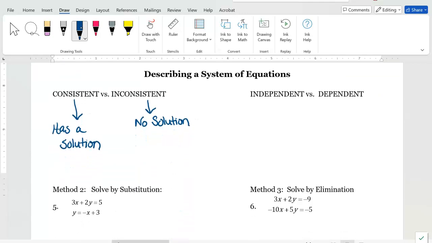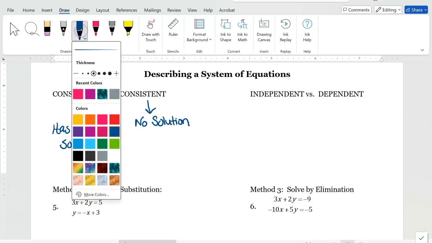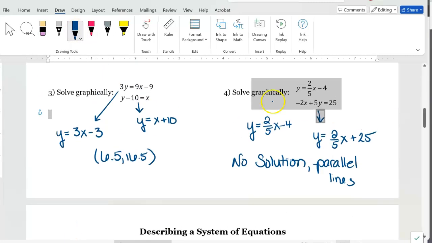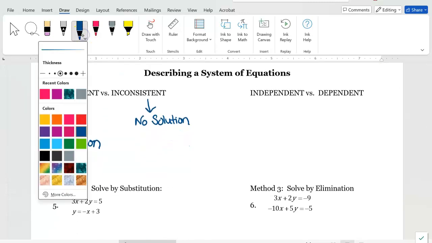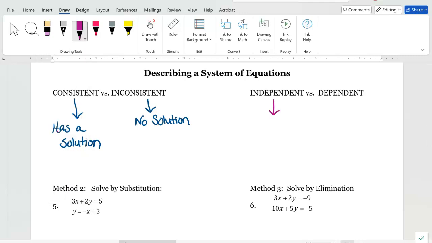There's another way to describe them. Once you realize that a system does have a solution, then we are going to define them by being either independent or dependent. So independent is when there is one solution, one intersection point.